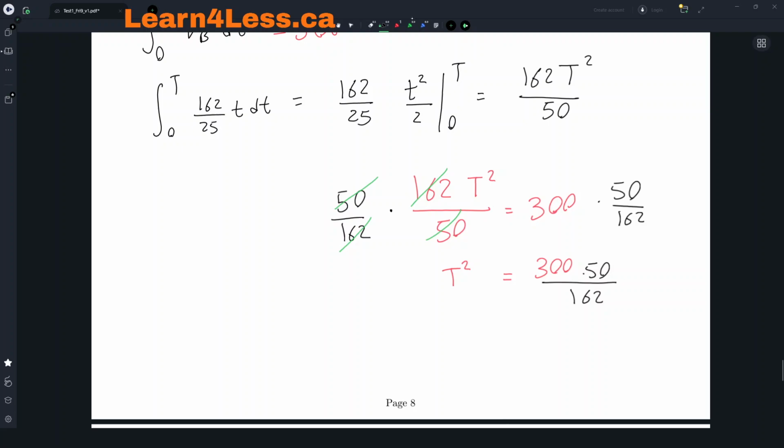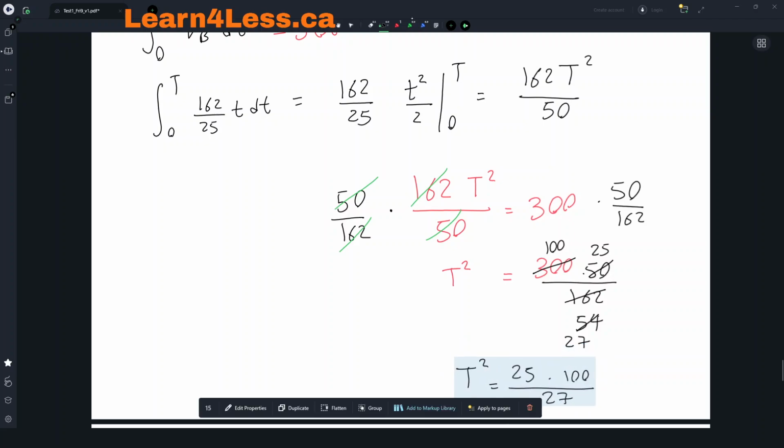Let's see if we can simplify some of these terms. 162 and 300 cancel to 54 here, and cancel these 50, and 54 becomes 27. So we have t squared is equal to 25 times 100 over 27.